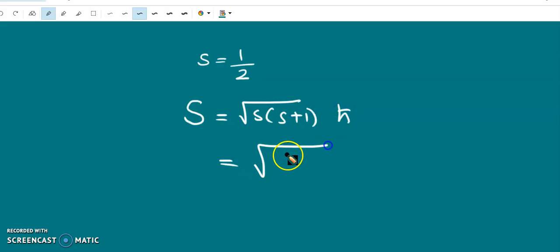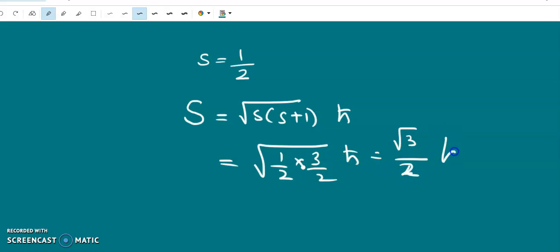Since s is equal to half, it is half into half plus 1, half into 3 by 2, that means root 3 by root 4. Root 4 is 2, so root 3 by 2 times h cross.